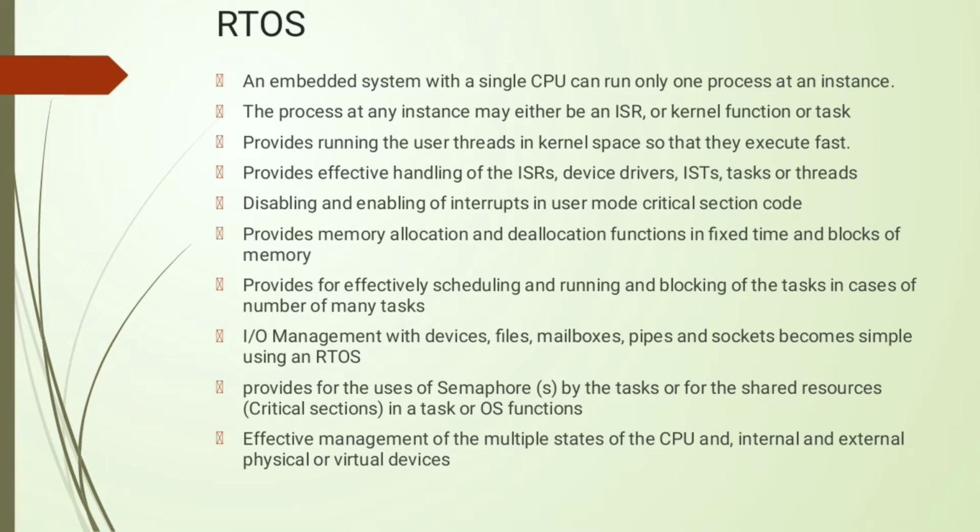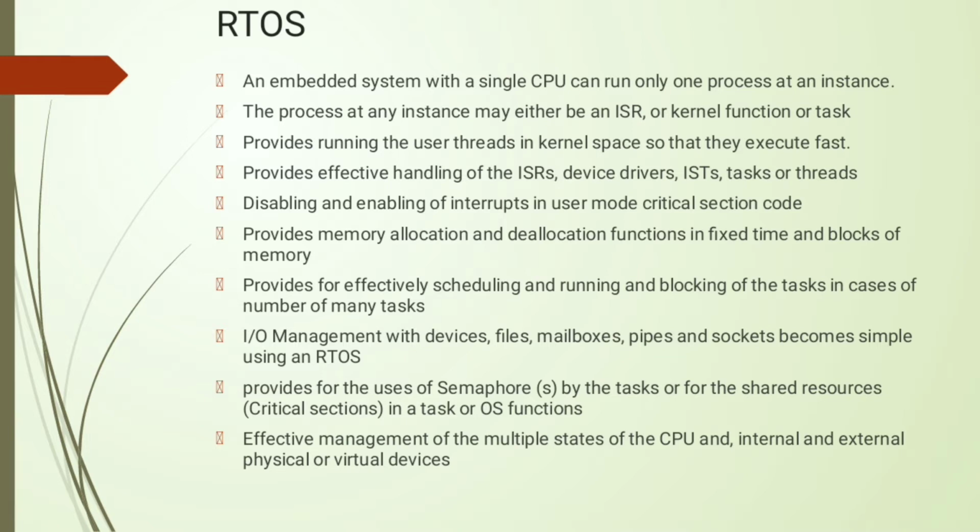The next one is the effective scheduling of tasks, and we have already discussed certain scheduling models in the previous videos. The next one is the use of mailboxes, pipes, sockets or any other devices, and the input output management becomes very simple by using an RTOS.